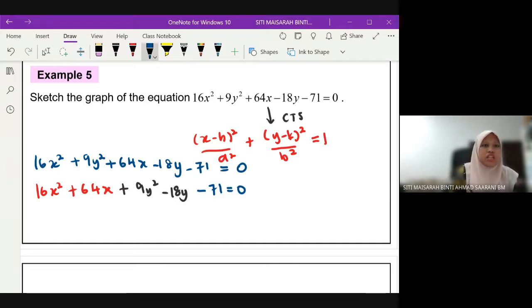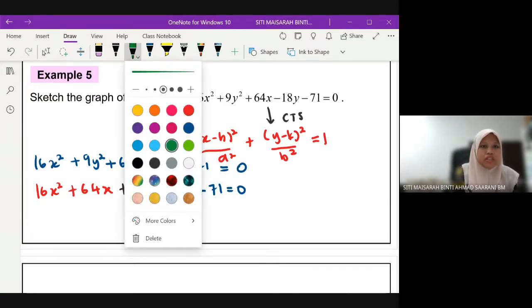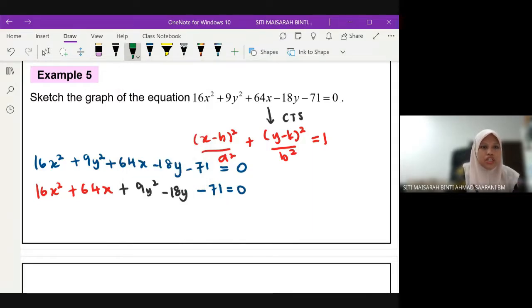Okay, so jadi kita buat completing square ni based on dia punya variable lah. So kalau nak buat completing square, x square tu mesti make sure dia 1. So kat sini 16x square, awak kena factor 16 untuk x saja. Dan untuk y pun sama, y square tu mesti constant dia 1. So jadi kita kena factor 9. 9 tu hanya untuk y saja.